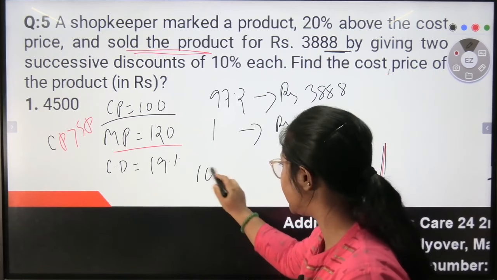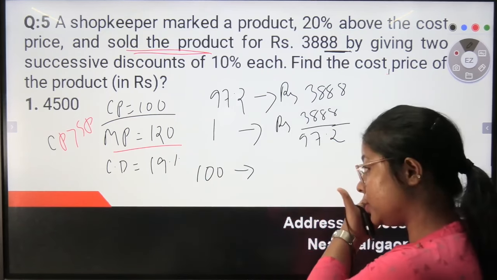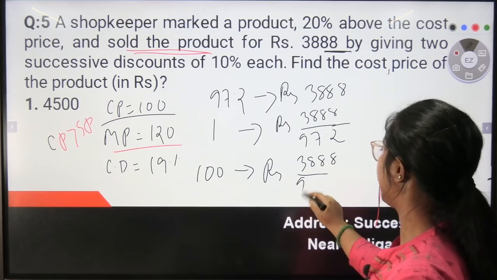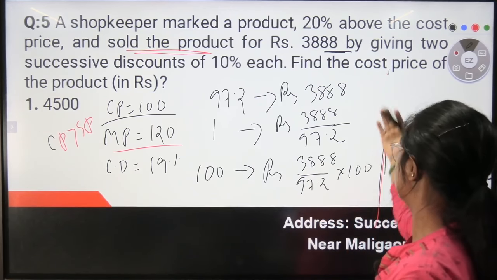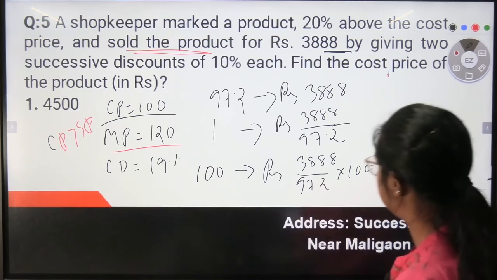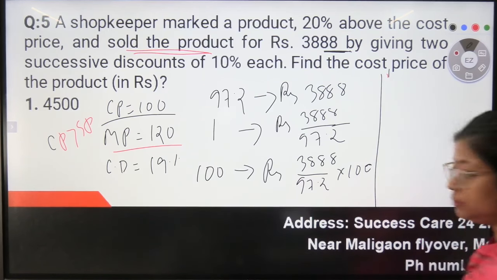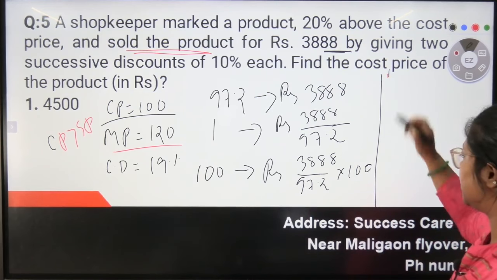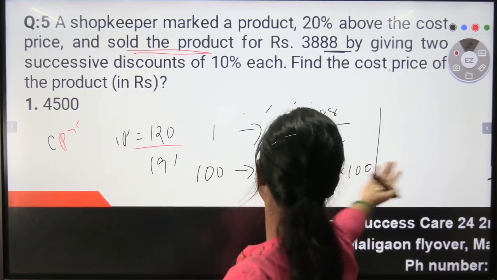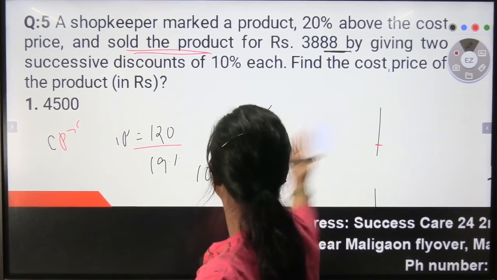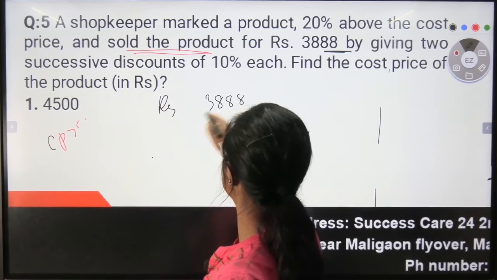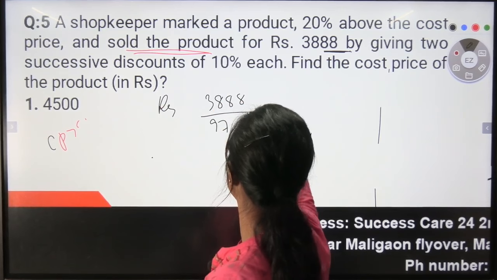So I need to find the value of 100, which is 3888 divided by 97.2 into 100. I need to calculate this.